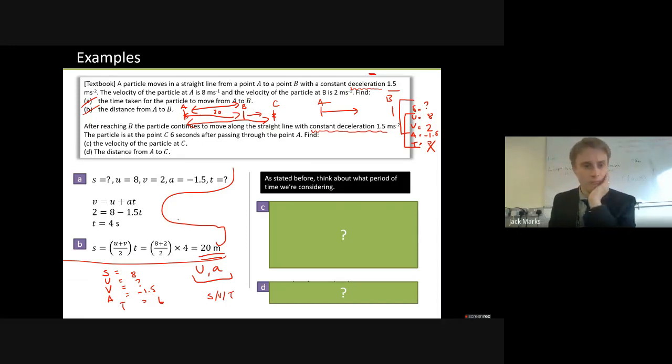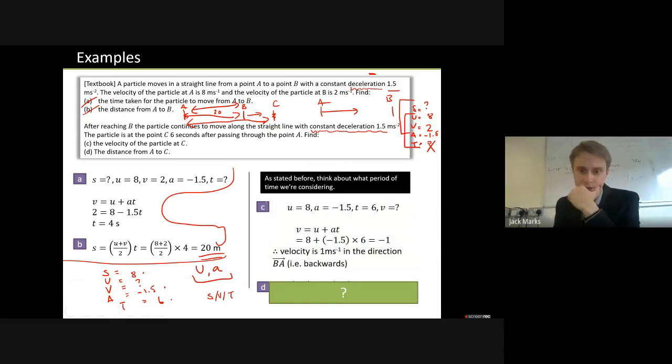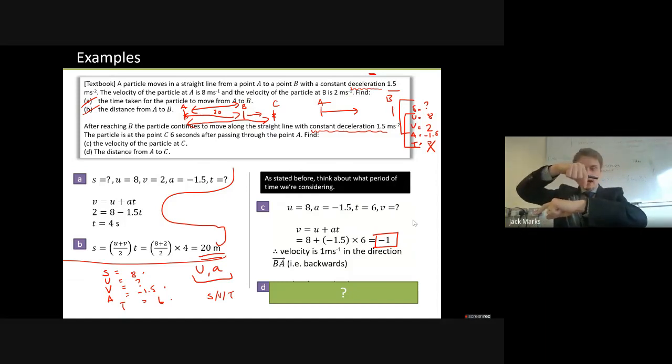Okay. So we've got 1, 2, 3, and V is unknown. So this looks to me like V equals U plus AT. And we actually get a negative answer, so don't be put off by that. Velocity is allowed to be negative. What does it mean? It means you're going from A to B and then C. C is actually on the return part of the journey.